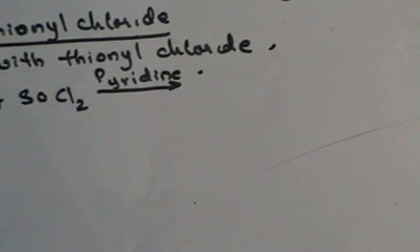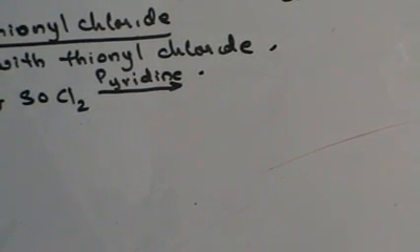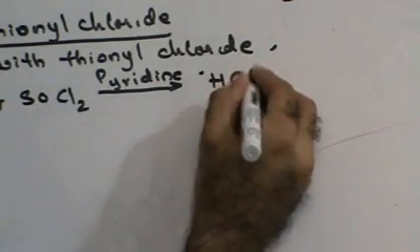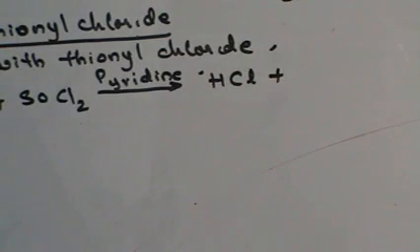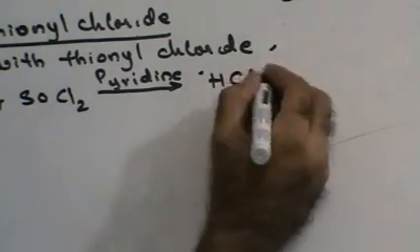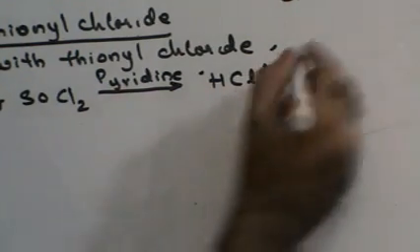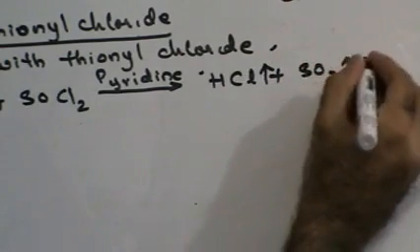Now in this case, 1 hydrogen will react with chlorine to give you HCl, hydrogen chloride. You will get hydrogen chloride in the form of gas. Now, the SO reacts with this oxygen to give you sulfur dioxide gas.